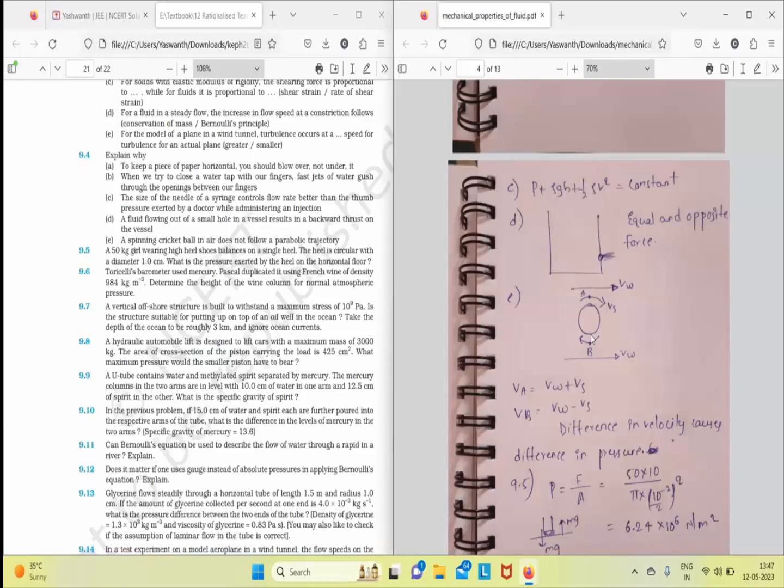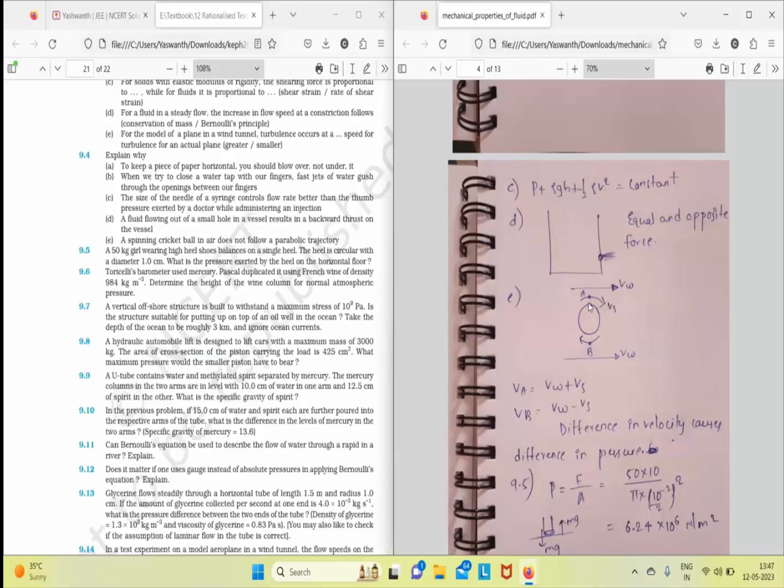So what's happening is you go to some ground and you try to spin the ball, and the air around you will have some velocity, right? It doesn't stay still, right? Air definitely will have some kind of velocity, and A is the upward point of the ball and B is the downward point of the ball. What happens is A will have this additional velocity Vs in the forward direction. At the same time, the velocity of wind also adds to the velocity of A. So velocity of A will be velocity due to wind plus velocity due to the spinning.